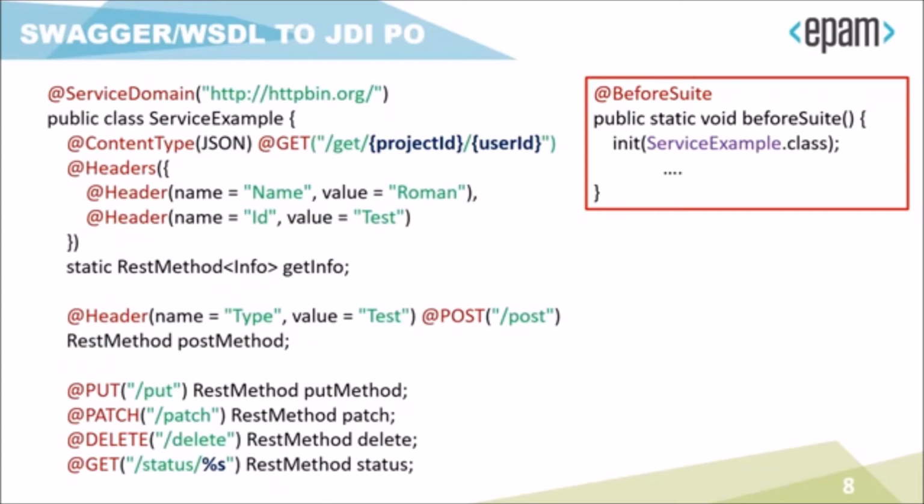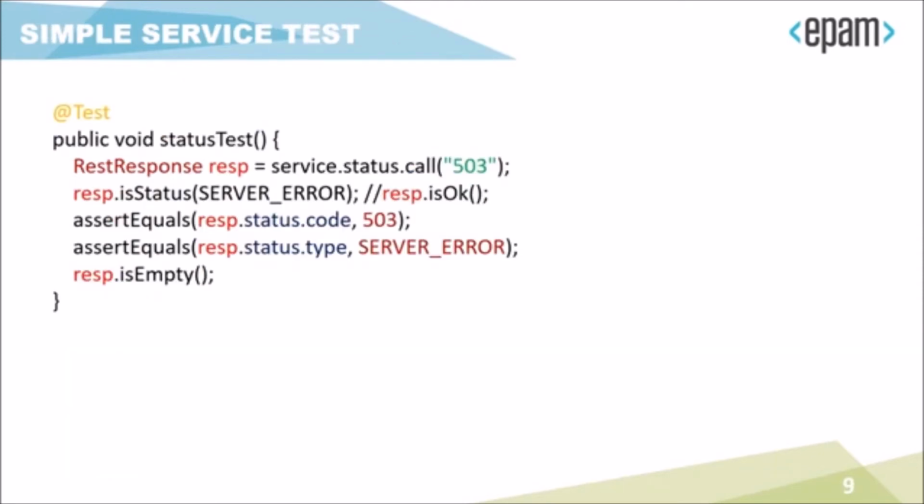So as in the previous session demo for UI objects, you can just generate your service object and then write the test. A little bit about the test: how it will look in GDI Dark.